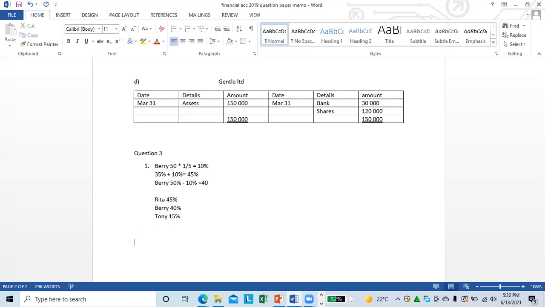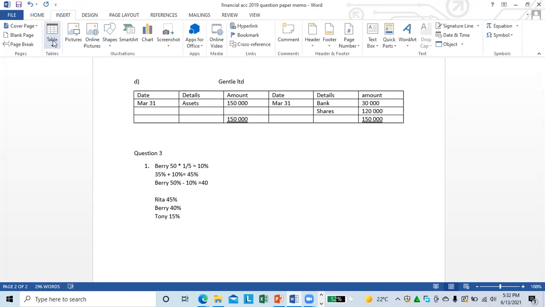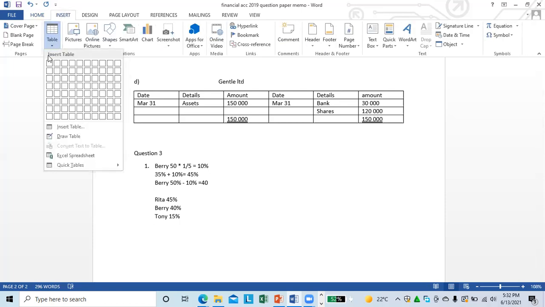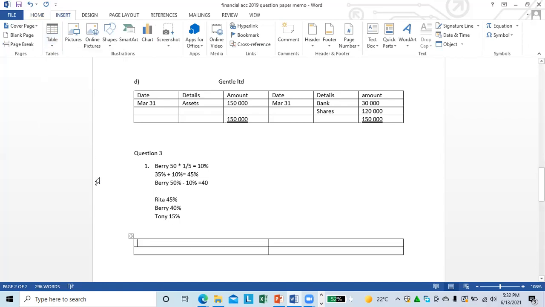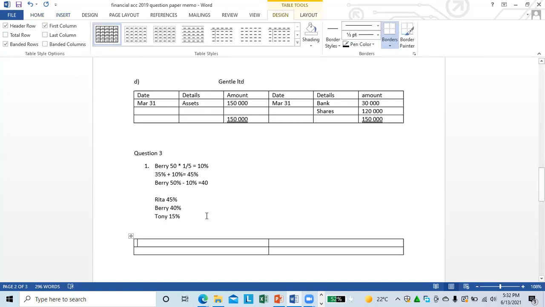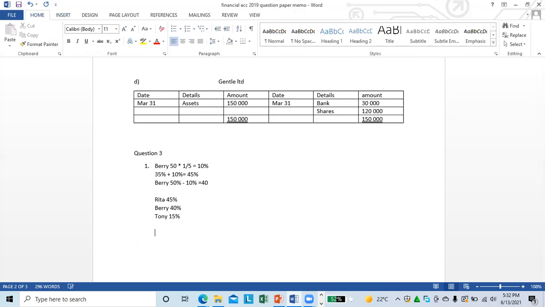So let me draw up our statement of financial position. It's actually just 2 tables in this case because it's just 2018. Let's just move it to the next page.